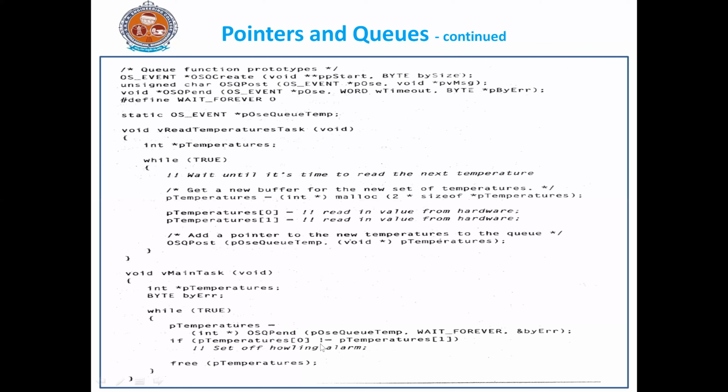So then you don't get the problem, and finally you are releasing this P temperatures variable, freeing it. This is how you can use the Qs along with the pointers. This is the example of how we use the Qs in the nuclear reactor application while sharing the temperatures data between the read temperatures task and the main task.